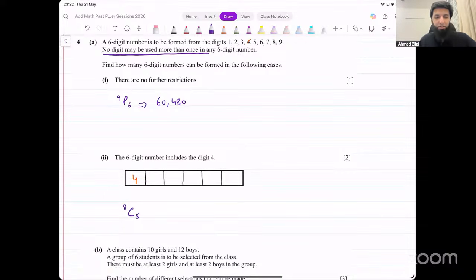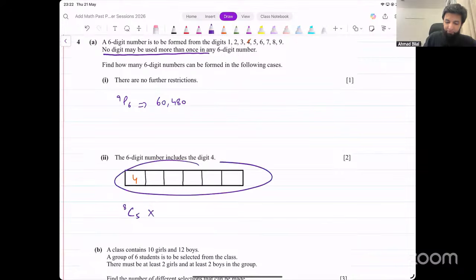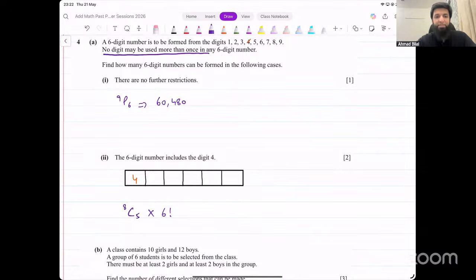So one way to do this could be, you could say, do 8C5, and then once you have the 5 digits selected in addition to 4, you arrange those 6 digits now. In how many ways can you do that? 6 factorial or 6p6. You have 6 places, 6 objects, arrange them. They can be arranged in 6 factorial ways. Multiply these two numbers, and that will give you the result.